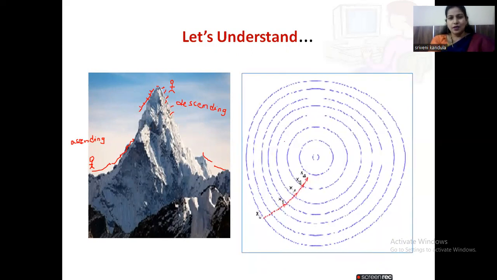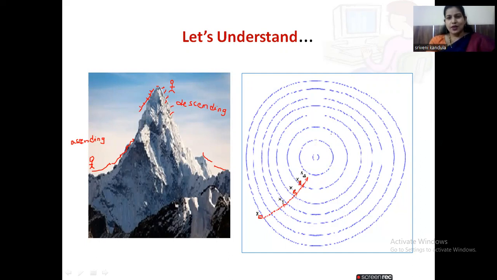The same thing you can see from the top view of the mountain. From the top view, I can see only the top part, which I can see as a dot. So I just represented that as a circle here. In the ascending problem, from x0 to x1 there is a larger step size, x1 to x2 the step size is decreased a little bit, then x2 to x3 a little more decrease, and x3 to x4 a little more decrease.